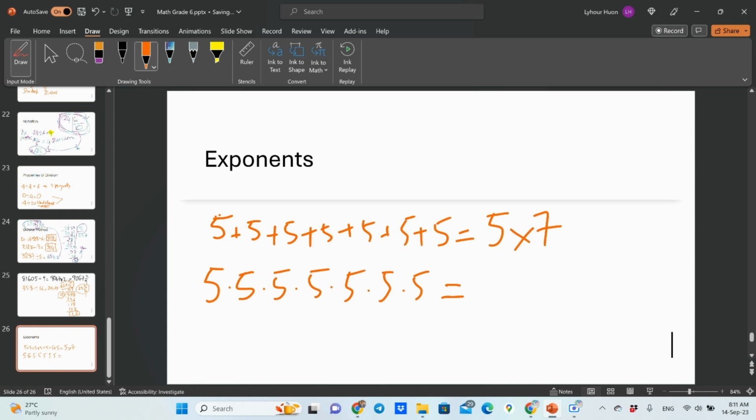We don't want to write 5 times 5 times 5, 7 times. It takes time and is very inconvenient. What if it is 5 times 5, 100 times?